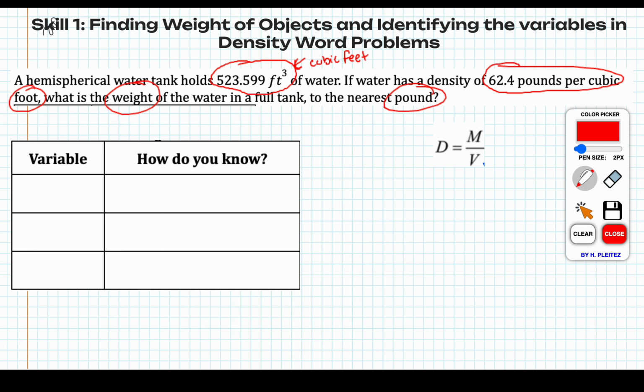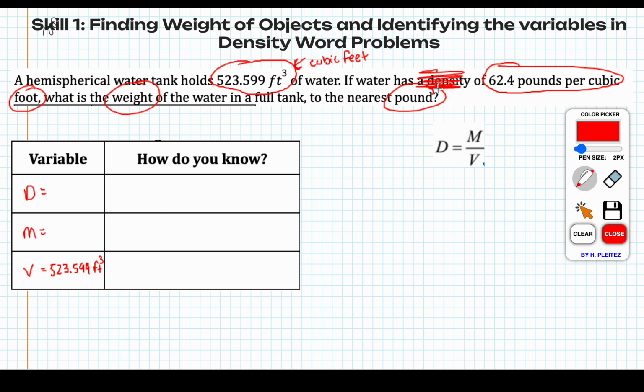Now, we have 3 variables here, and this is the list that you guys should make every single time. DMV. Like you guys are at the DMV trying to get your license or your permits or whatever. So, whenever we have a unit of cubic feet or cubic inches with nothing else, that's a volume measurement. So our volume, we'll add to our list, 523.599, and we're adding our units in there. Then it also tells us the density. It's really nice that it lists out the density for us.